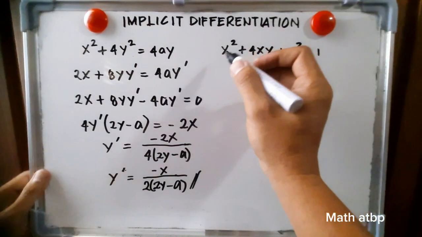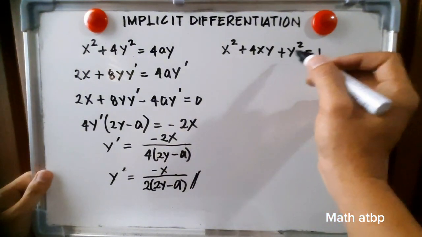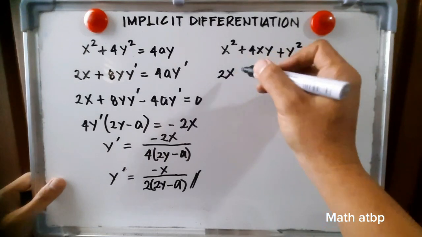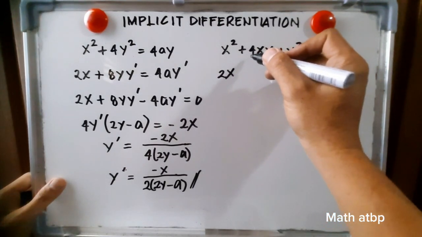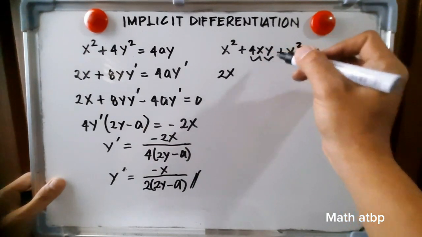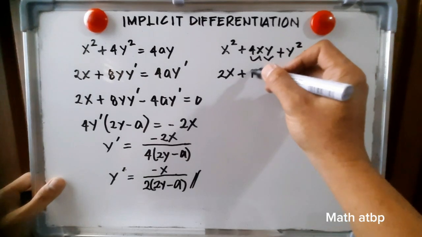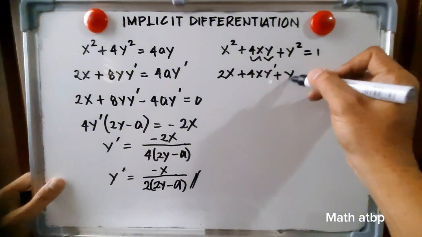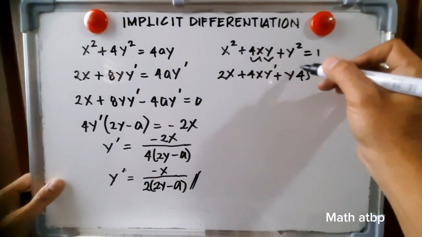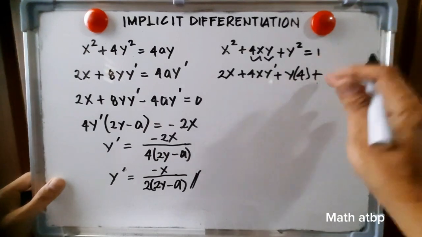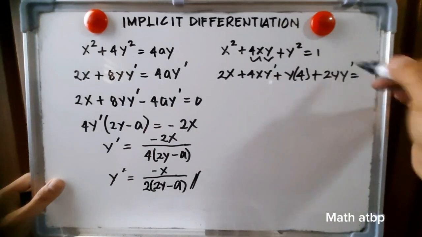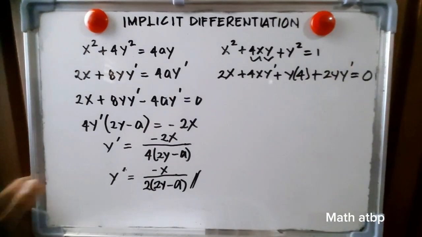Okay? Next, we have x squared plus 4xy plus y squared is equal to 1. The derivative of x squared is 2x. But the derivative of 4xy, we'll be using here the product formula. Let this be your u and this be your v. Plus 4x times the derivative of y, which is y prime, plus y times the derivative of 4x, which is 4, plus the derivative of y squared is 2y y prime, equal to the derivative of a constant, which is 0.